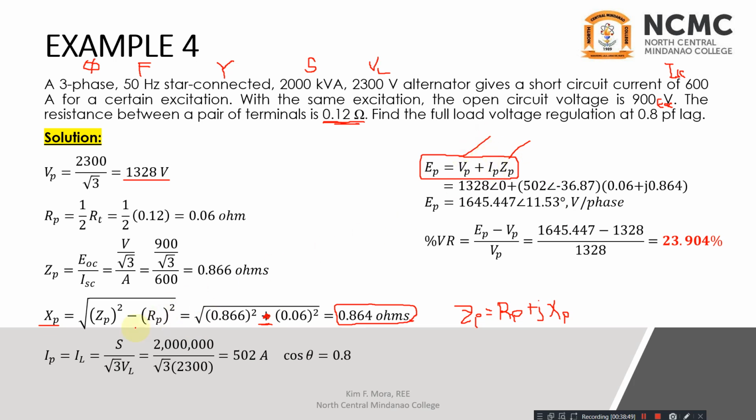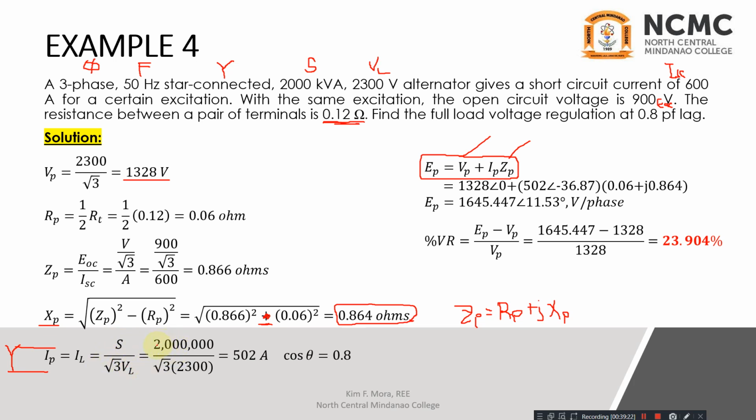So where do we get IP? The same formula that we used earlier. IP is actually just equal to our IL, the line current, and our phase current are equal since it is Y connected. The same current flows in our line and in the phase. That is given as the apparent power over square root of 3 times our line voltage.